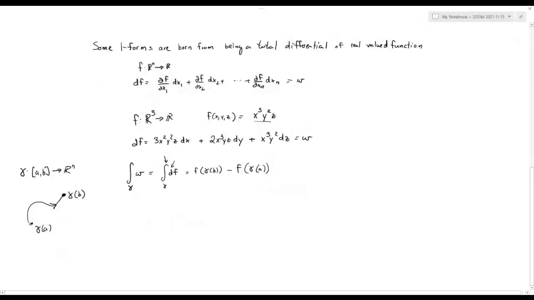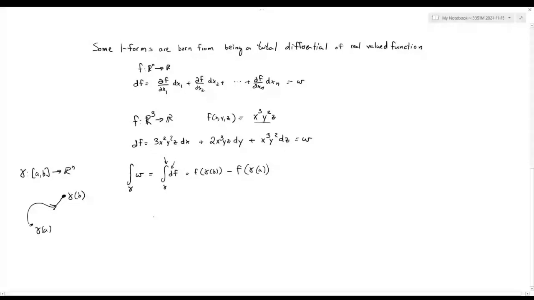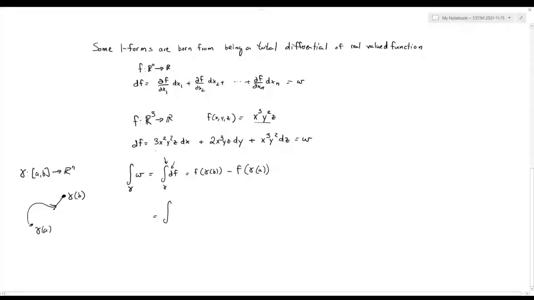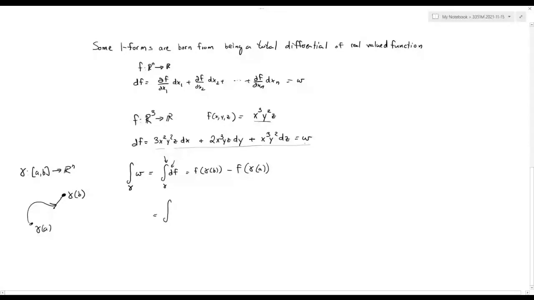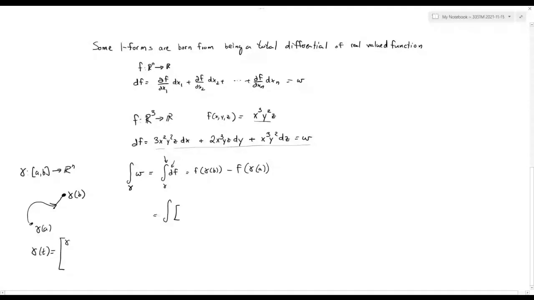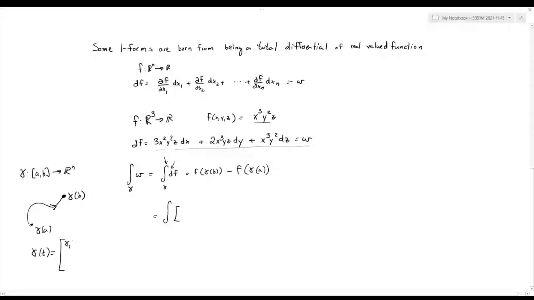And we can kind of demonstrate this here with our example. Suppose we use this differential. So then we would have, and gamma of t would have 3 components because we have a one form on R3.